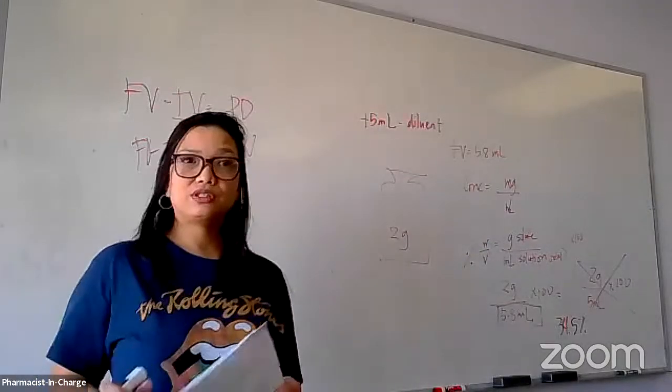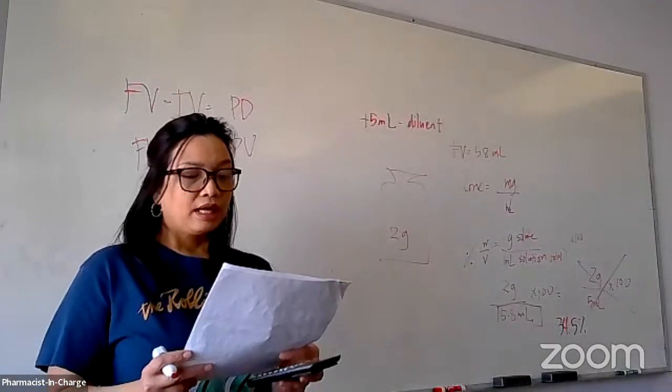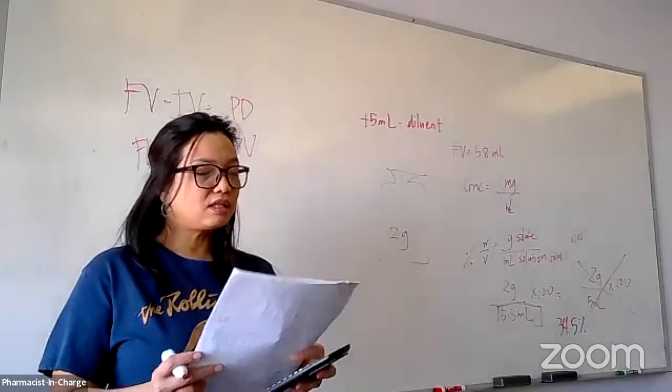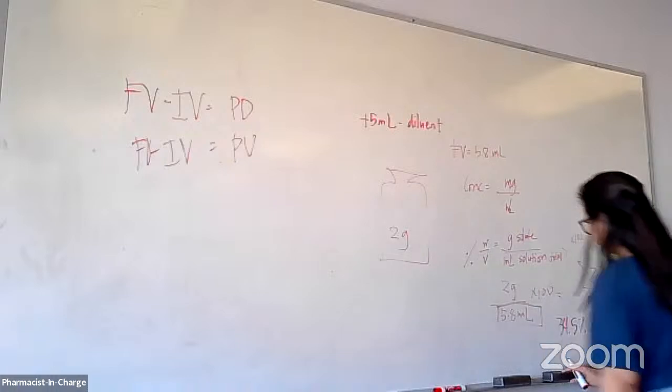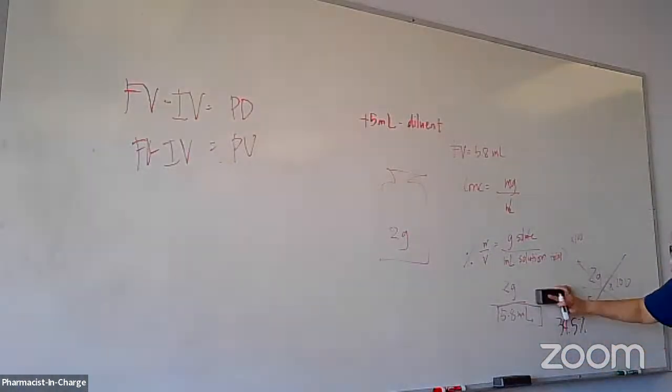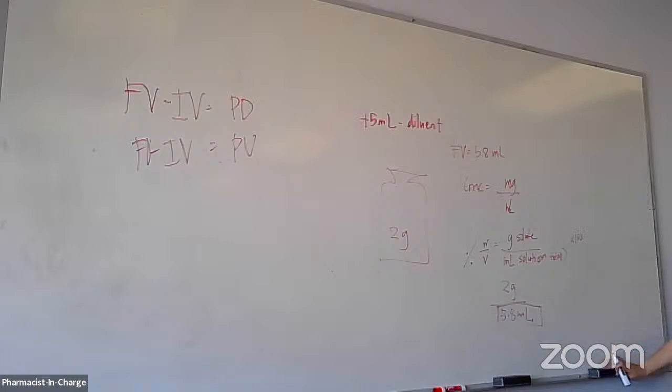But that wasn't the question. The question was, what is the concentration in milligrams per ml? Well, what you do, if it's not a percent question, is just divide this. Okay? 2 grams divided by 5.8 is, but remember, whatever your answer is will be in grams per ml.